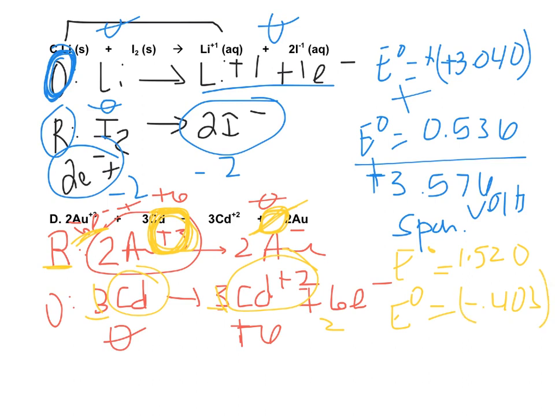But we know that we'll have to flip the sign, and so this looks like it's going to come out positive, 1.923 volts. And we know when the total voltage is positive, this reaction, when it occurs, will produce electricity. That chemical energy will get converted into electrical energy.